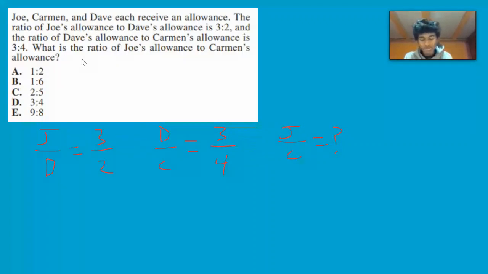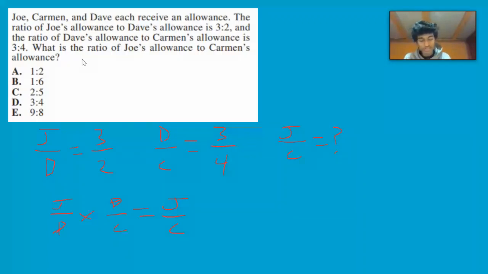So we know J over D, we know D over C, and we want to know J over C, right? So you can realize that J over C is simply J over D times D over C, because the D's in the numerator and denominator will just cancel out.